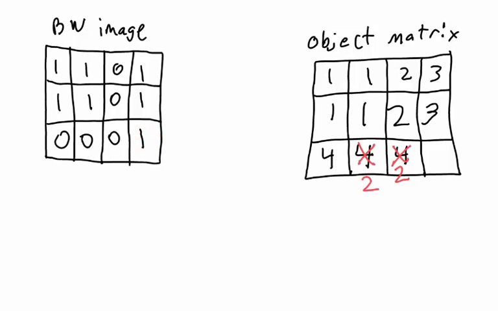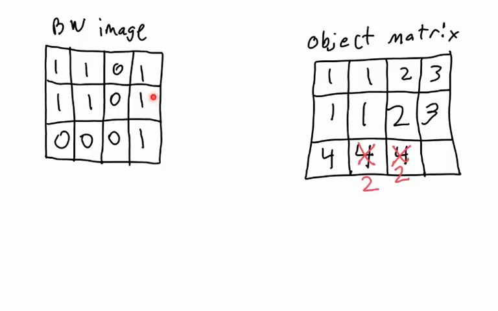And that rule also does not apply. Finally, the last rule says that if the label or the BW value here is the same as here, then that label should be the same. So that rule does apply, and this pixel gets a 3. And this is our final object matrix.